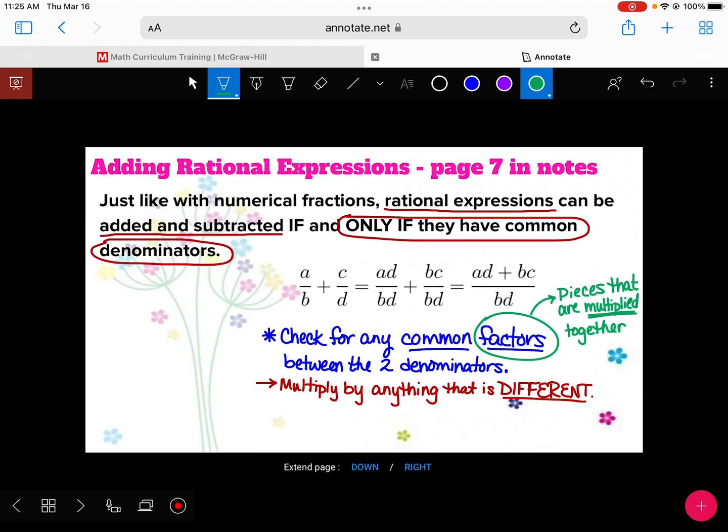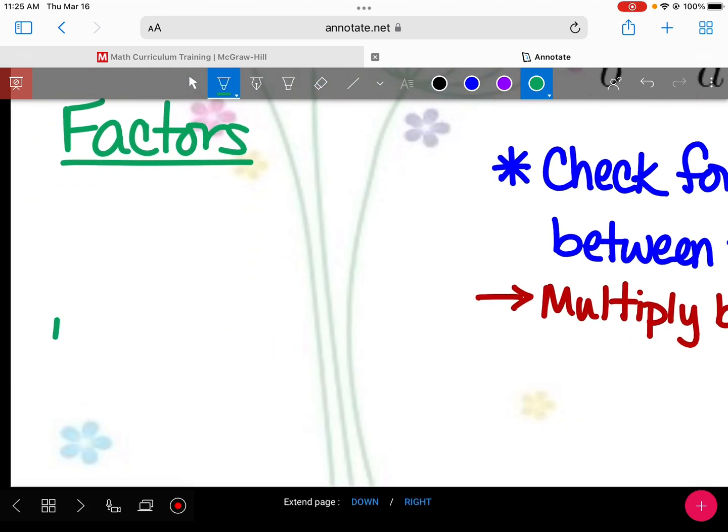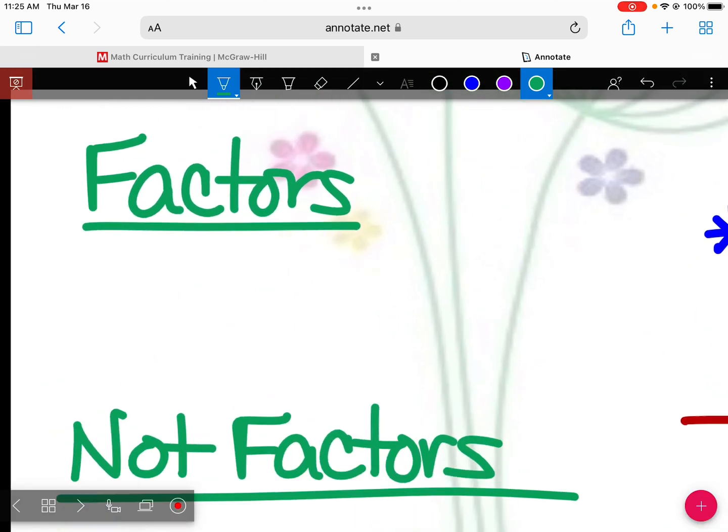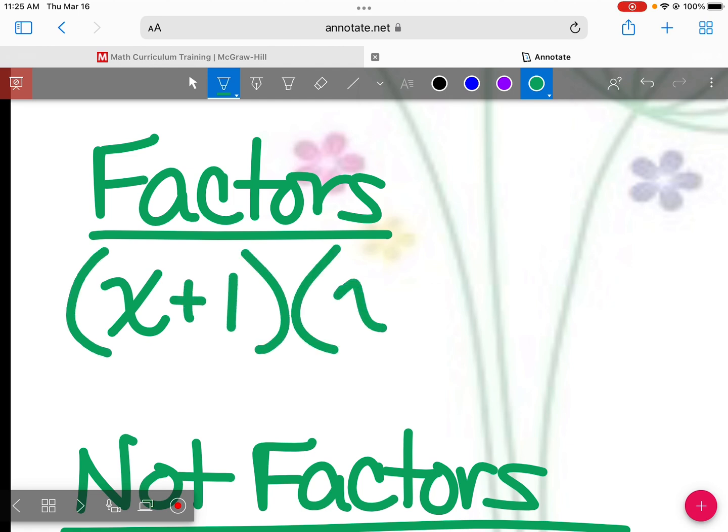It's only things that are being multiplied together. All right, so example of things that are factors. If I have x plus 1 times x, because those are things that are being multiplied together, each of those are factors.